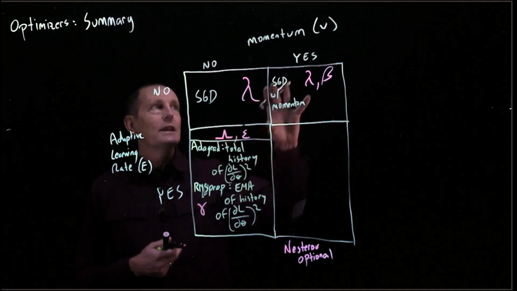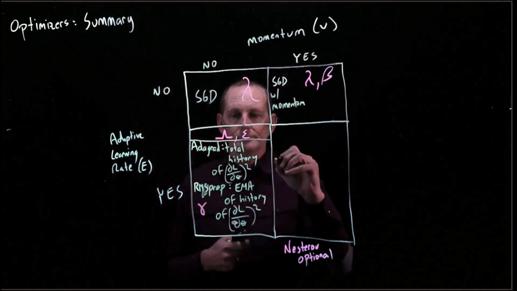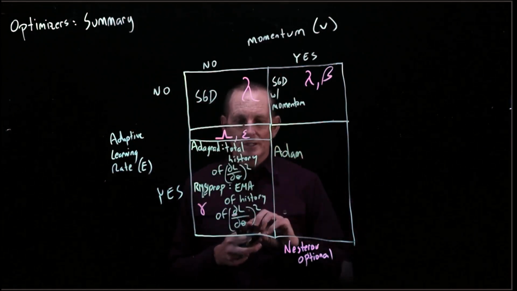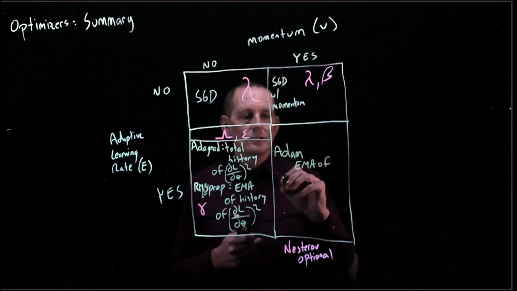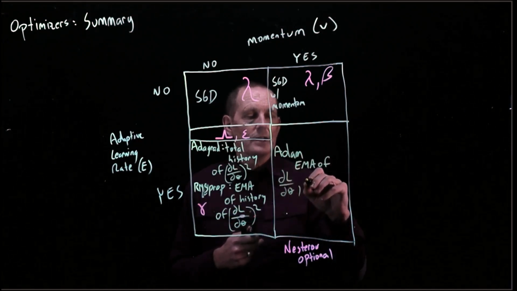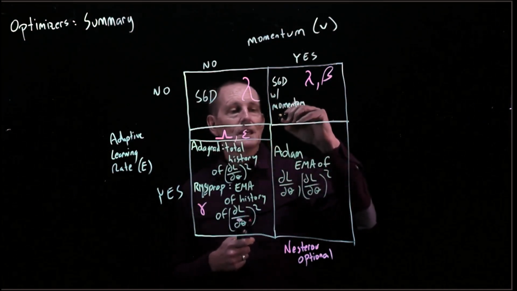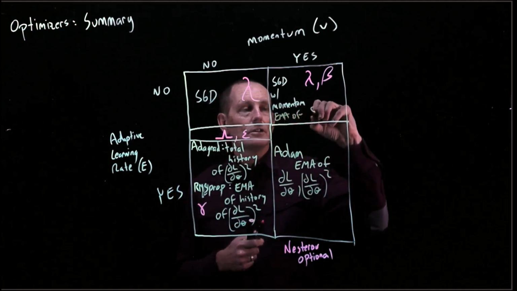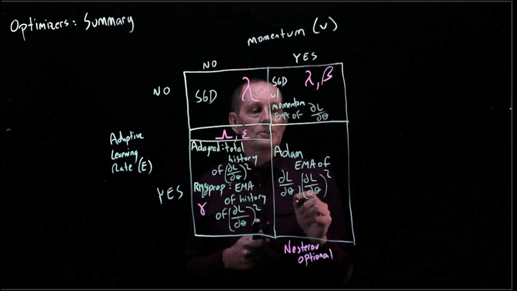And then the combination of both momentum and adaptive learning rate is Adam. We're still using the exponential moving average, so in our momentum case we're using an exponential moving average, but here we're using both.